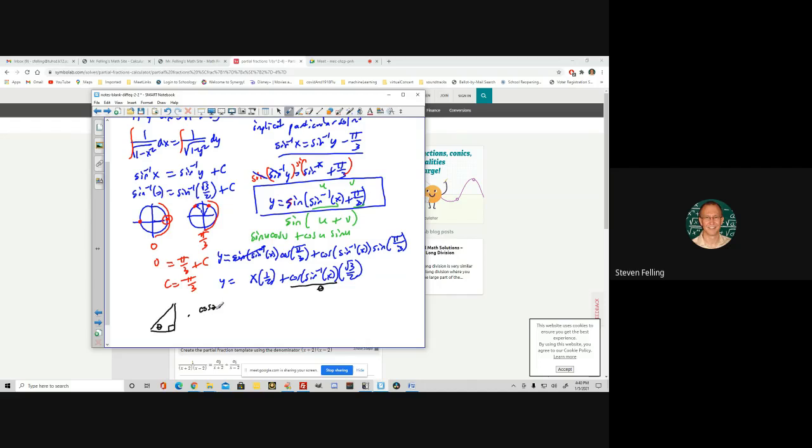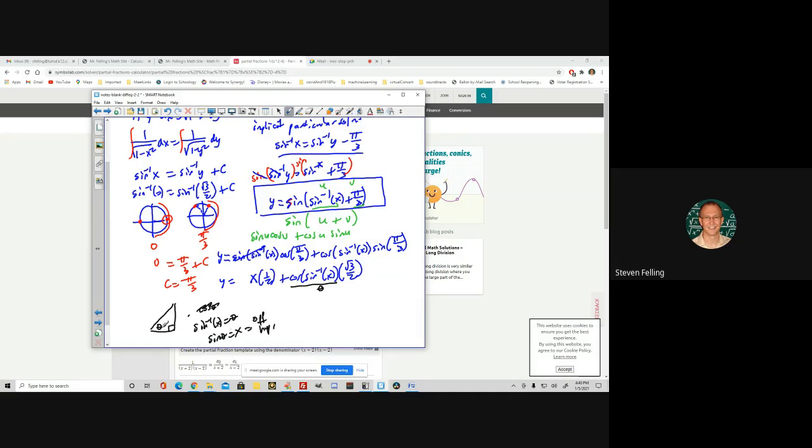And we're trying to figure out what the cosine of theta is, right? But this theta is such that the inverse sine of x is equal to that theta. Therefore, if I took the sine of both sides, the sine of theta has to equal x. And remember that sine is opposite over hypotenuse.